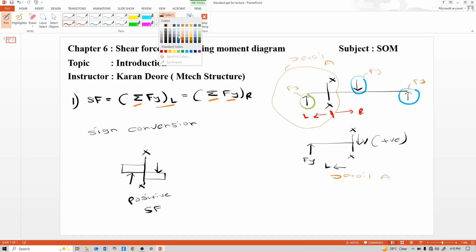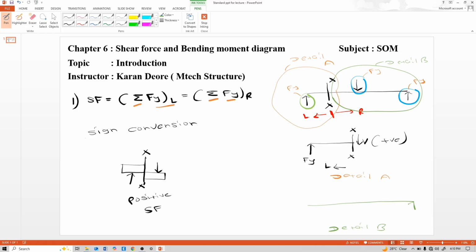Let's take this as detail B, and draw detail B. Here this is Fy, this is also Fy, and here this is V, and this is positive. We need to calculate this V.